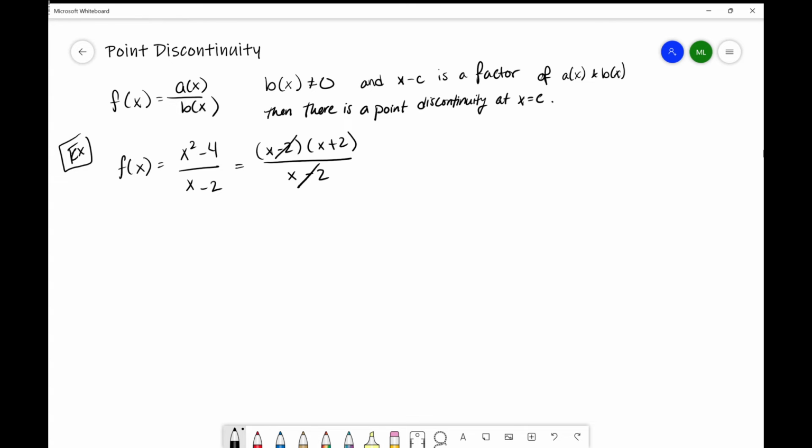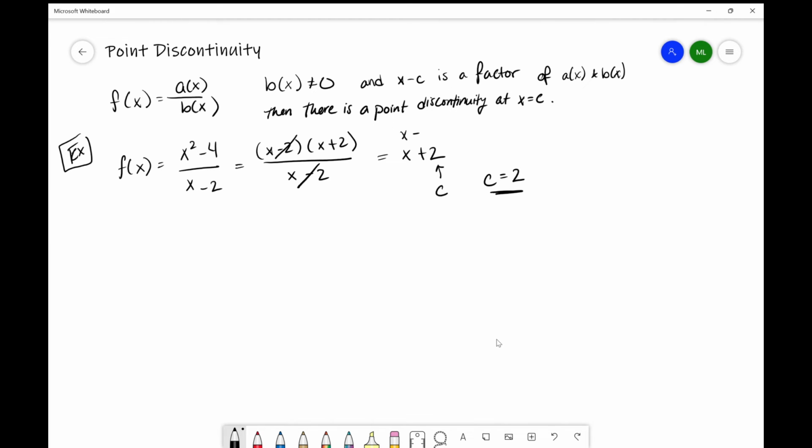But okay, anyways, and then we're left with x plus 2, and this is actually what we plot on our graph. So since this x plus 2 is actually what we plot on our graph, this is like our x minus c, correct? So this is our c value. Alright, so c is equal to 2 in this instance, because this is our x minus c.